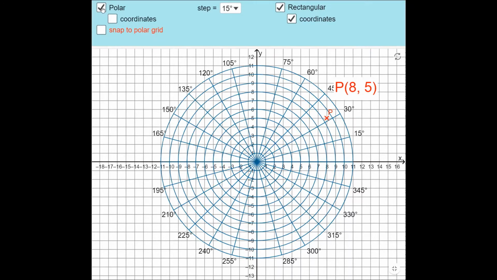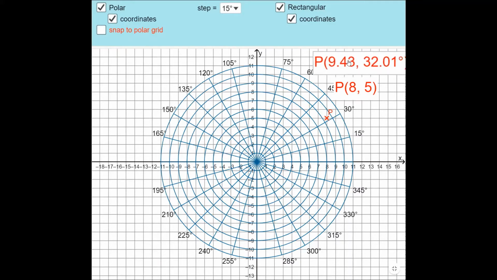Then P in polar coordinates: the first shows the value of r, the second shows the value of theta.